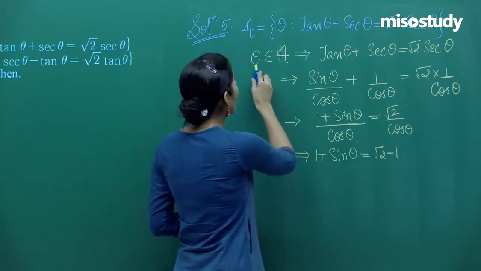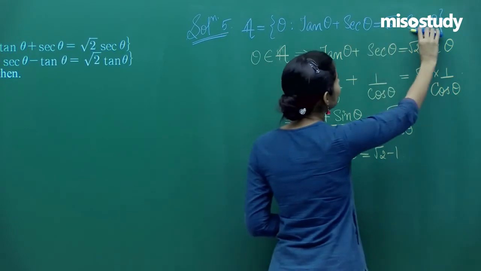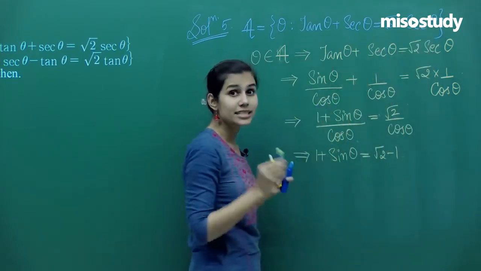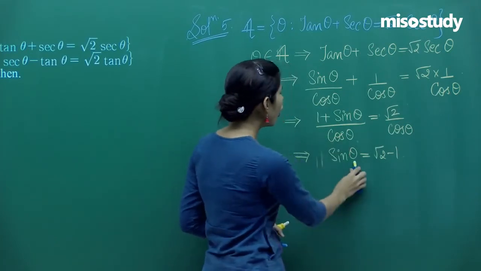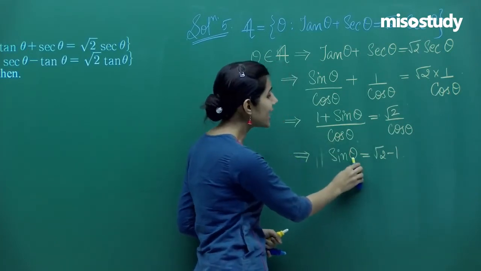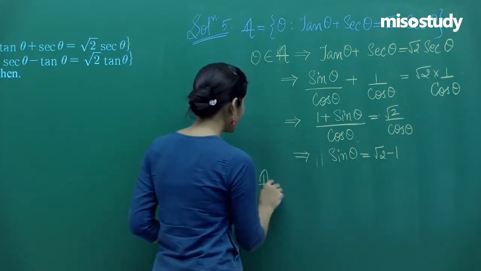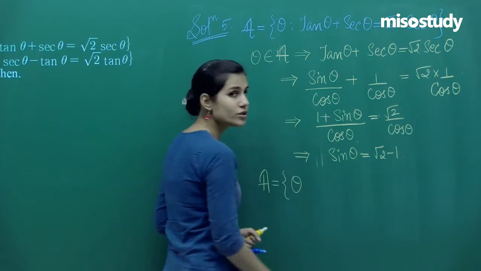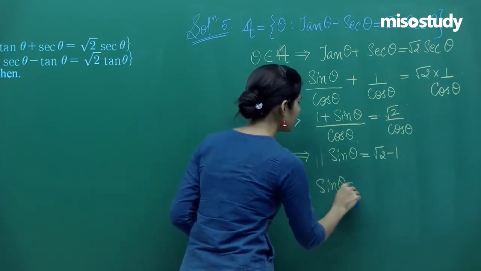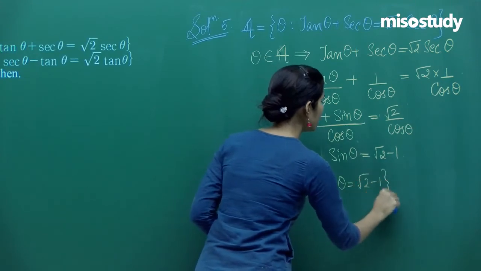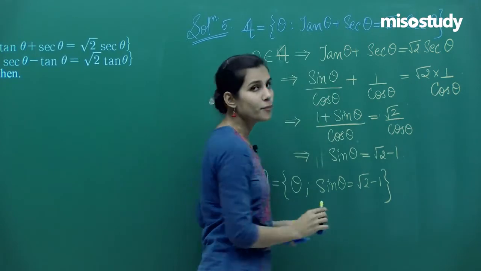All those thetas who belong to A actually satisfy this, so sine of them will be root 2 minus 1. Therefore, I can write A as all those thetas such that sine theta is root 2 minus 1. We have deduced a simpler form of A.